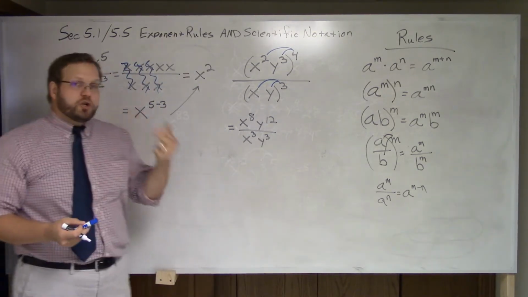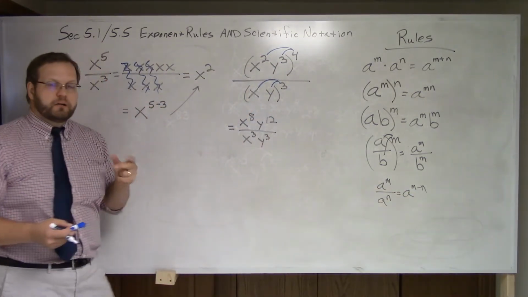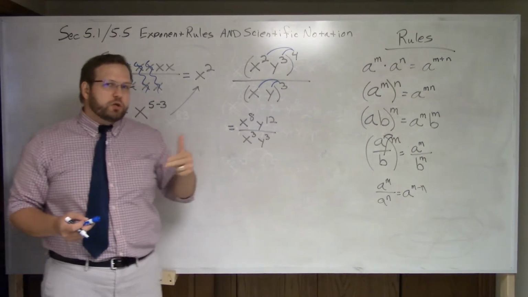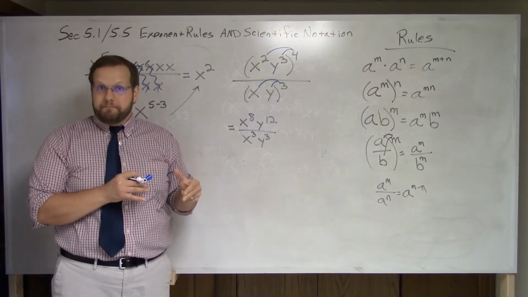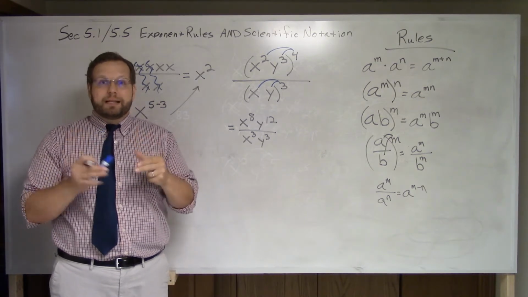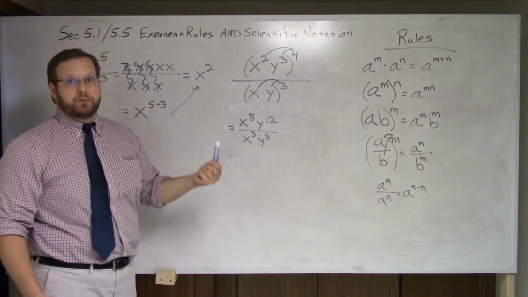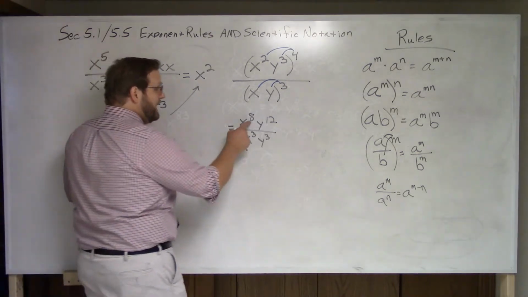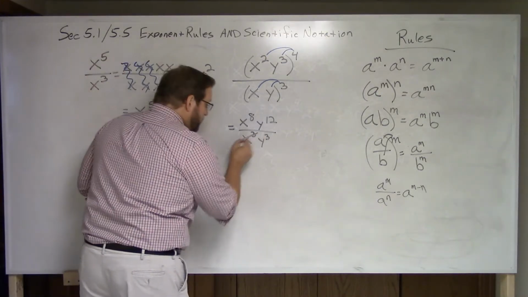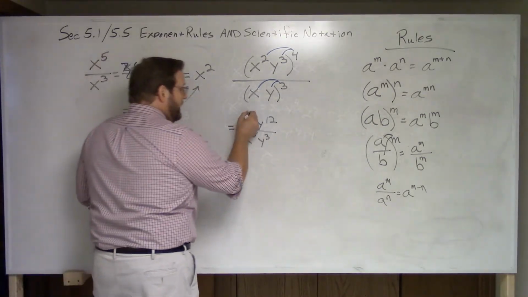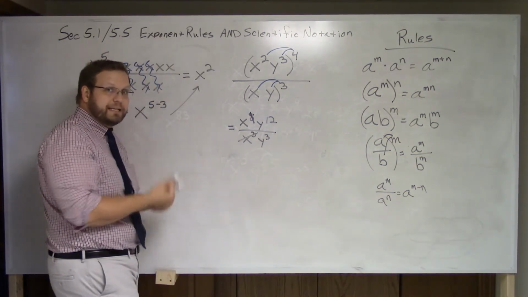Now, we can show the subtraction like we had here, okay? However, what I'm going to show you in a couple minutes can get a little crazy if you do it that way, okay? So instead, what I like to think of is you have x's that are going to be doing battle with each other, okay? We've got 8 versus 3. 8 versus 3, 3 will lose, but they're going to take someone with them.